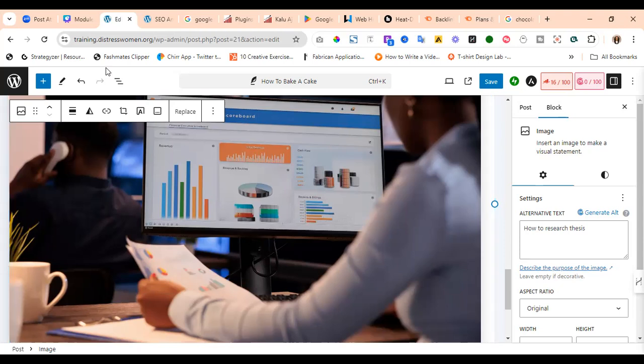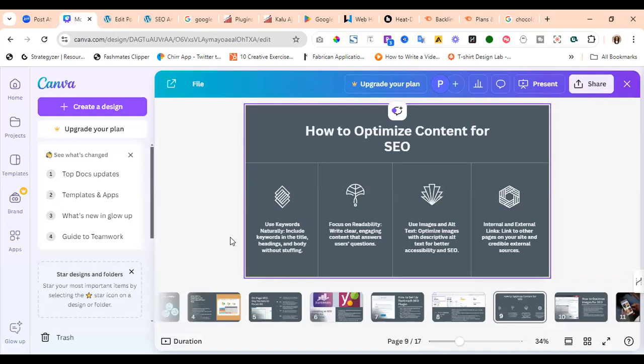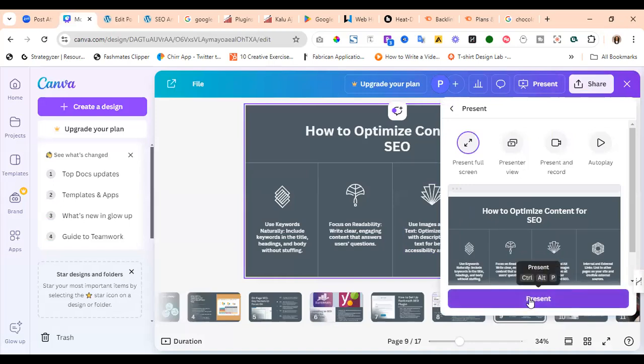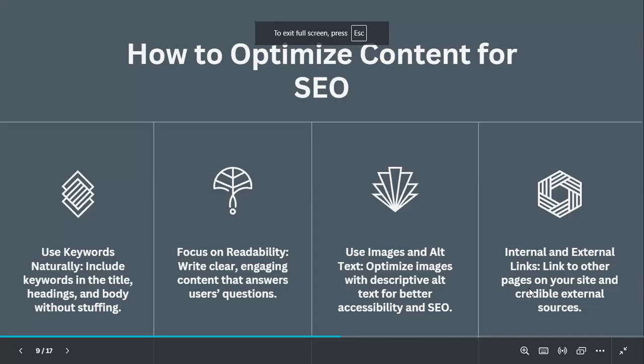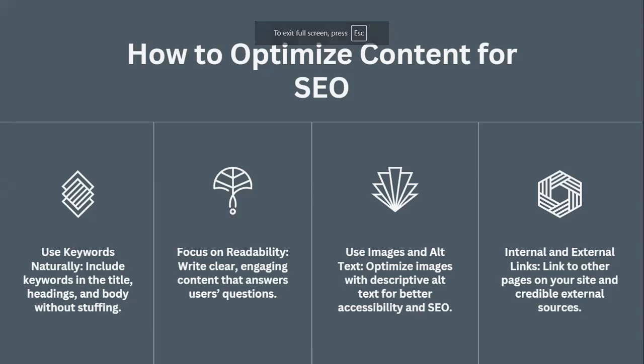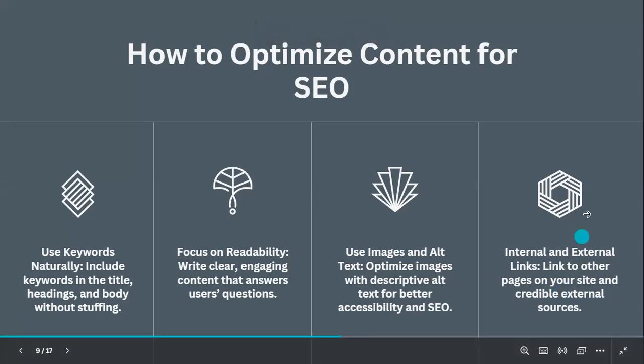And Google also recommends that for accessibility. You see it here, accessibility and SEO. So once you make your site easier for people with disability to understand the content, Google will also help rank your website. Then internal and external links to other pages on your site and credible external sources. Google also recommends this.